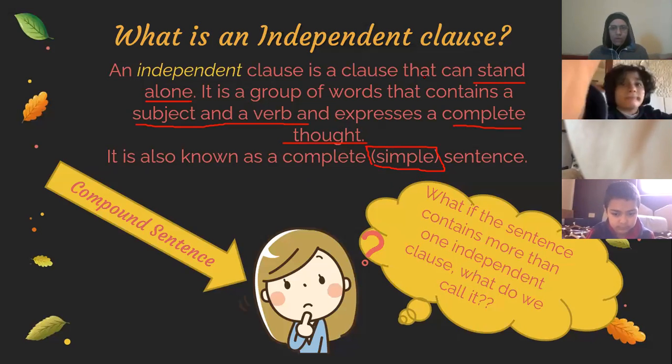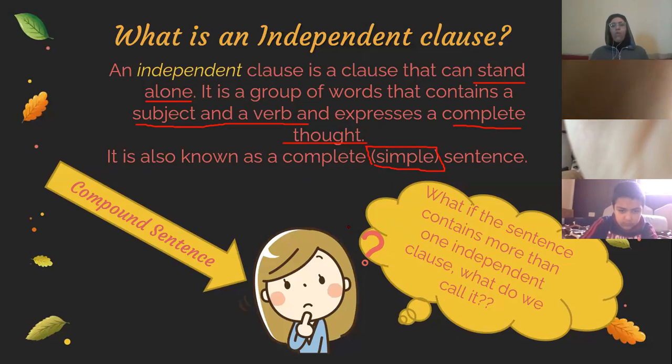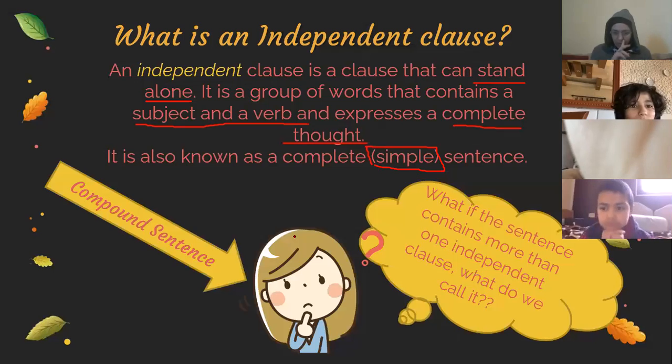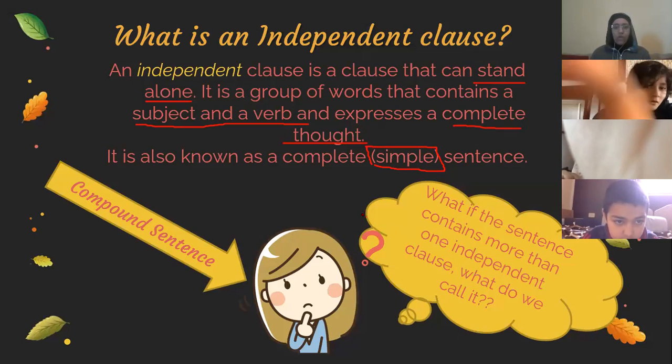Okay, let's continue. What if the sentence contains more than one independent clause? If I have more than one independent clause, and especially two independent clauses, pay attention. When I say more than one independent clause, I mean I have more than one complete subject and more than one complete predicate. I call it a compound sentence.